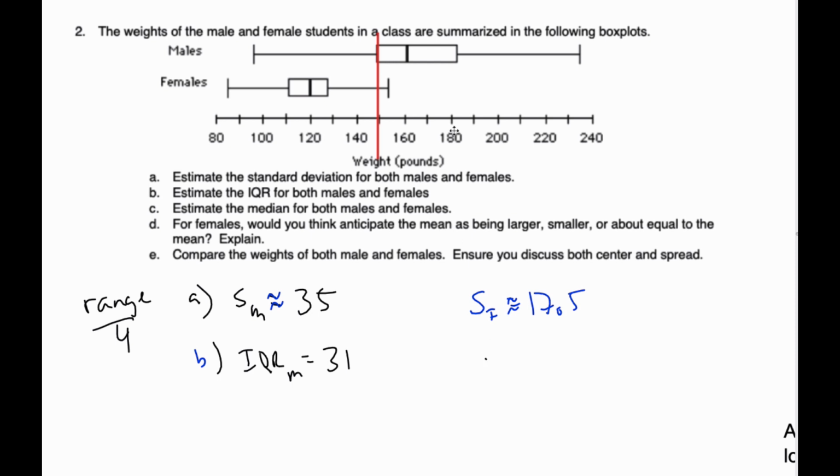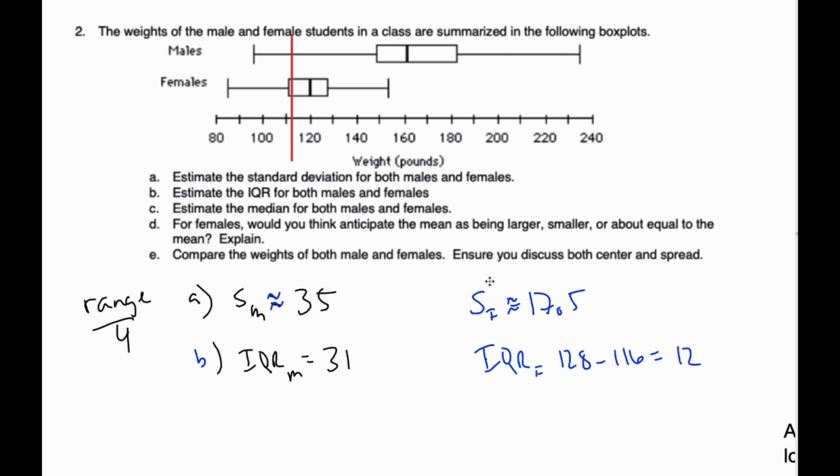And for the females, I can see this is going to be about 128 and 116. If I subtract 128 minus 116, I get 12. So again, the IQR is larger for males than females.